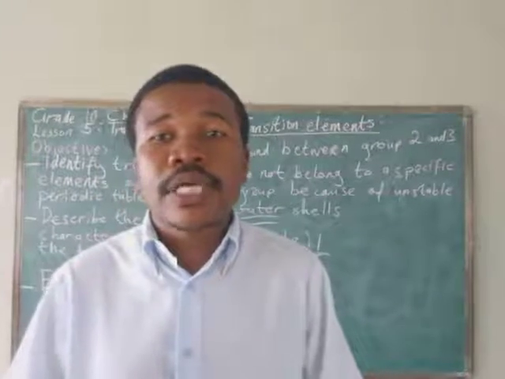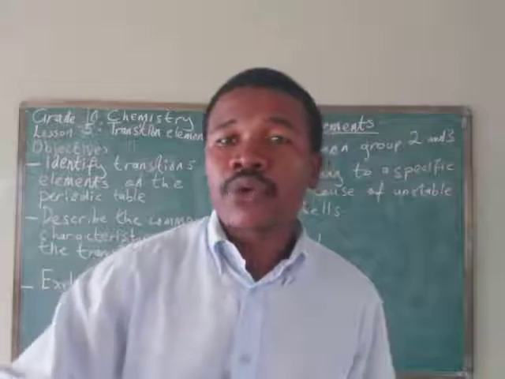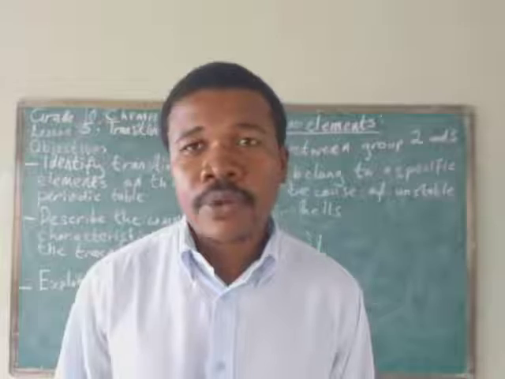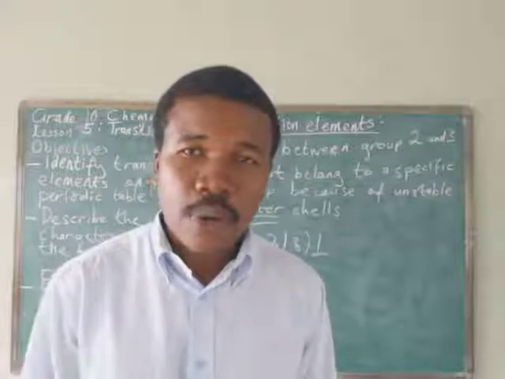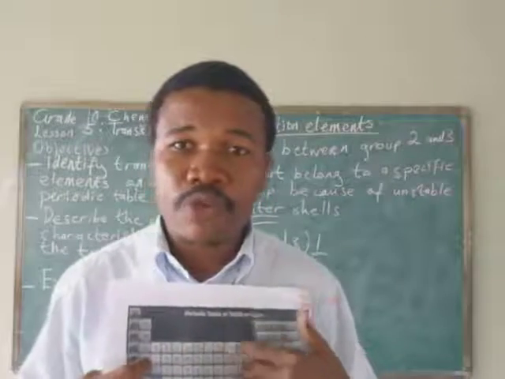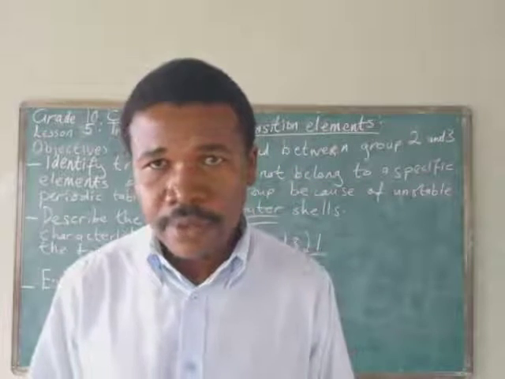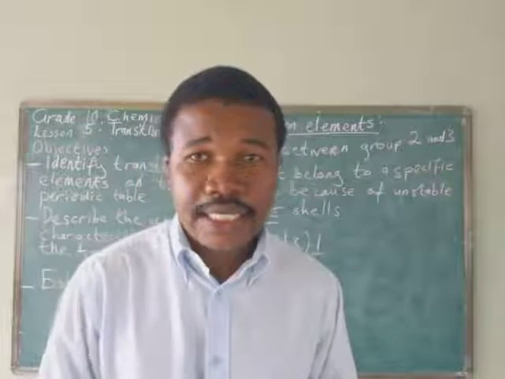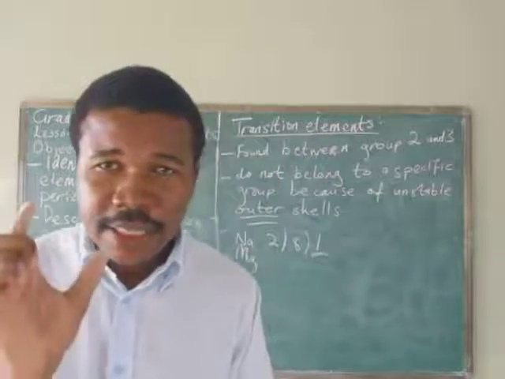Sometimes that second electron will jump and go into a different shell. Now you are left with 1 electron in the outermost shell. So it differs. And because of that, these D block elements cannot be found in specific group numbers to say this is in group 4, this is in group 5. I hope we understand that part. So just take a minute or so to digest that bit of material.